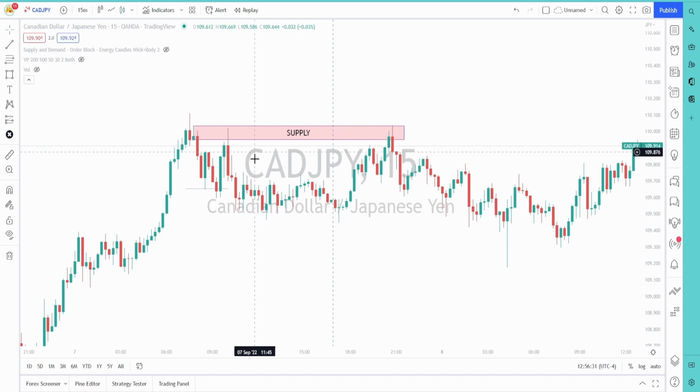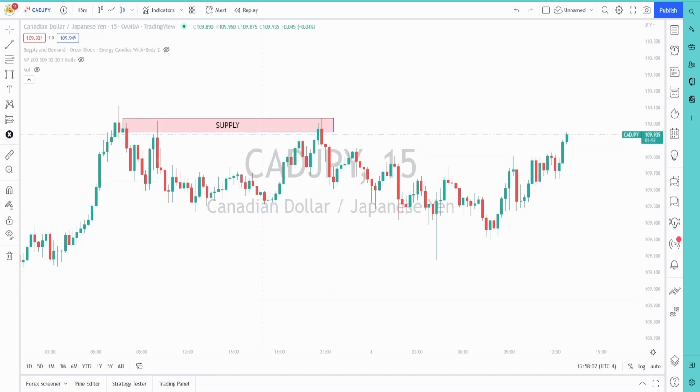Now, when we're looking at this, I can show you another example. So we can see right now that there is another potential opportunity. It doesn't mean that it will work out. Now, when I'm looking at this, I can see that price was moving up, and then it changed direction.